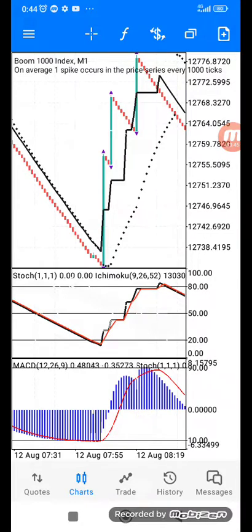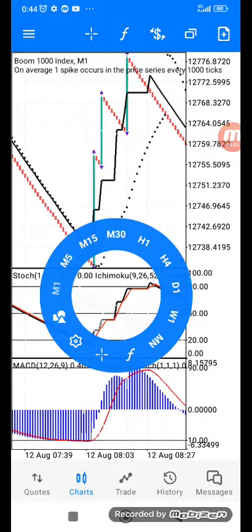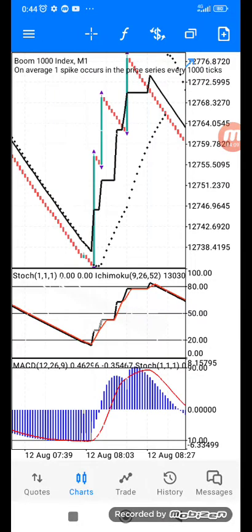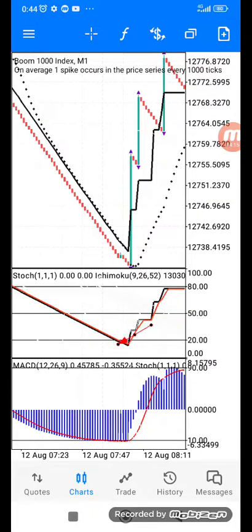Here, the first thing you need to ensure is that your Ichimoku line, which is the black line, and your moving average on the first window are below 20. That is what you need to establish first. So you must make sure that they are below 20, oversold region.